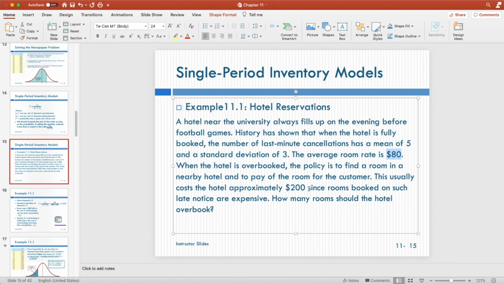For the other family, you have to arrange them in, let's say, another hotel because you only have 4 rooms. What is the corresponding cost? It should be $200 directly. So this is a simple case because I directly tell you the cost of understock and the cost of overstock.